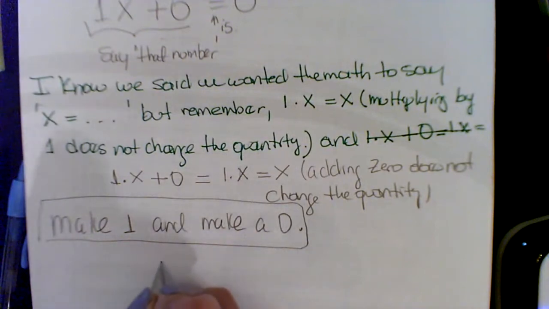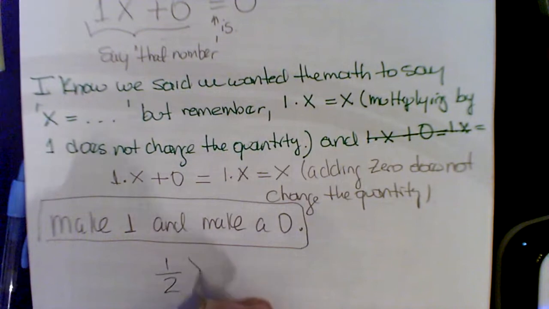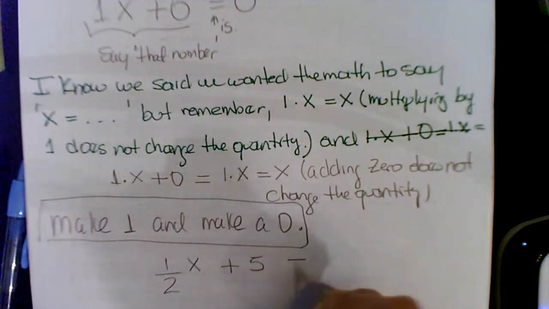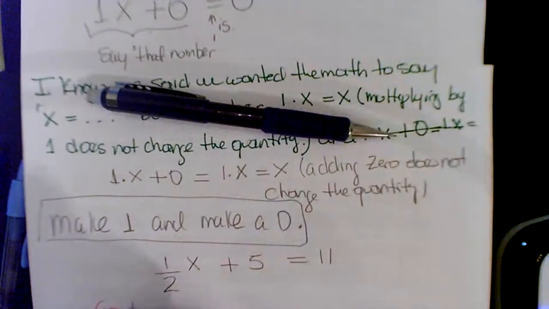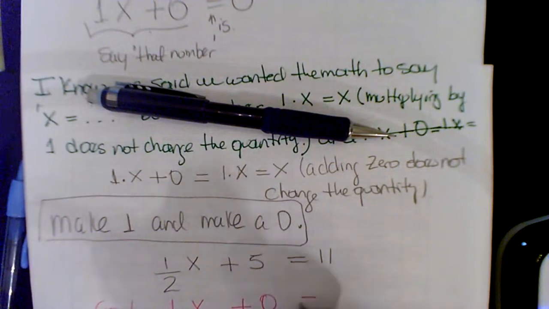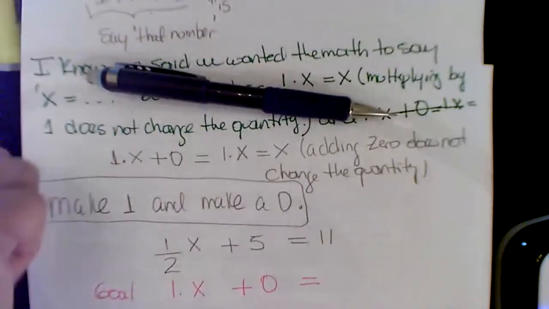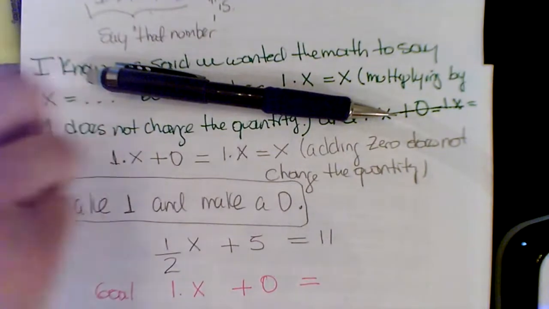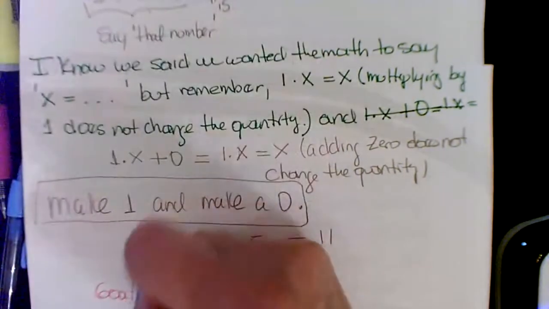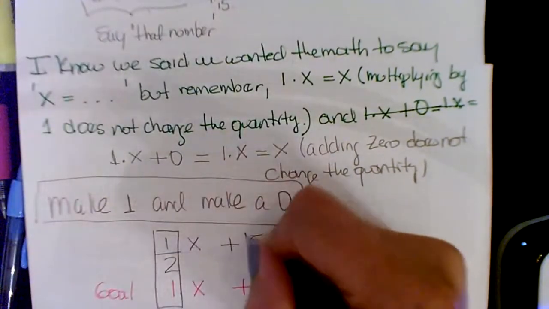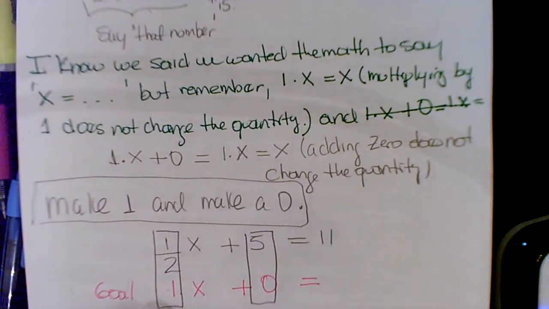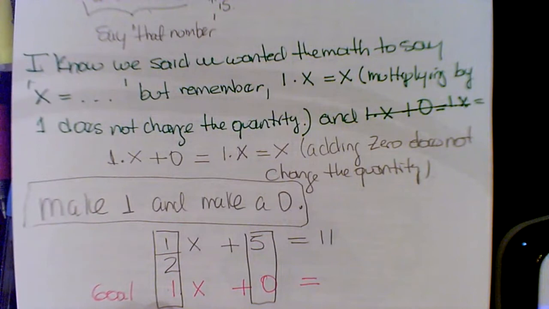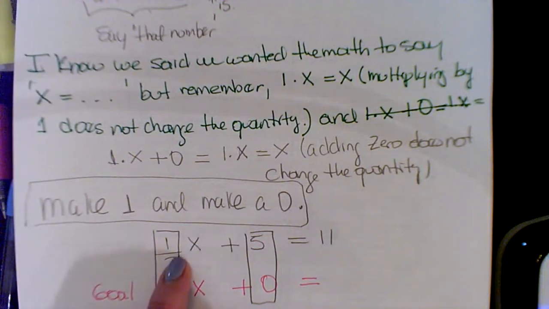So the exercise that we have says 1/2 x plus 5 is equal to 11, right? And our goal is, so we notice that we need to clear out the 1/2 and the 5.